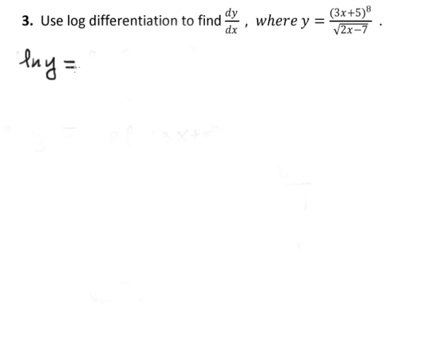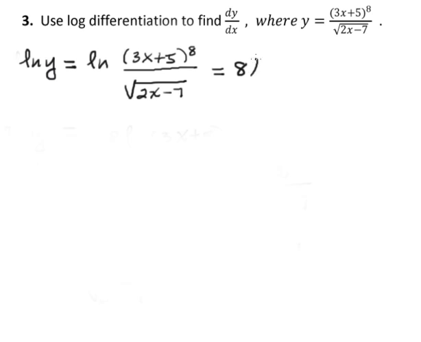So we have log y equal to, and on the right we have the log of 3x plus 5 to the 8th over this square root. And now let's expand using log properties like we did in the previous example.